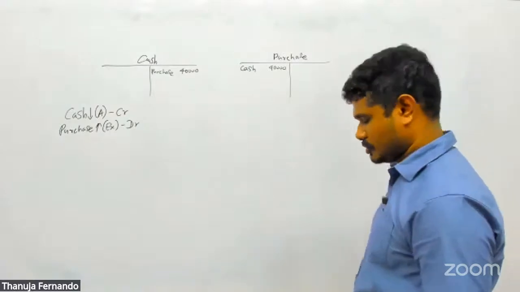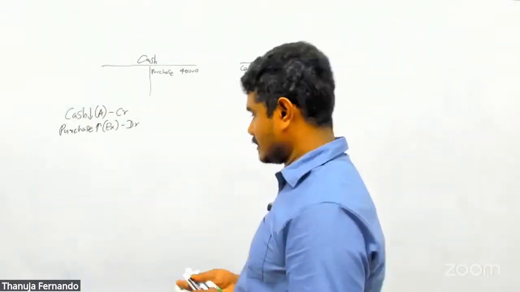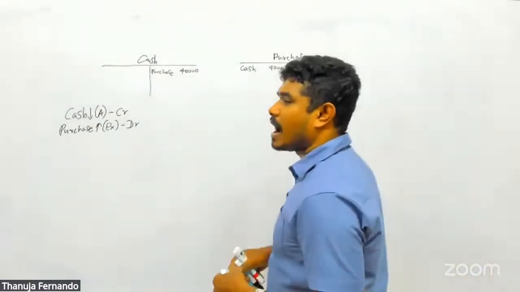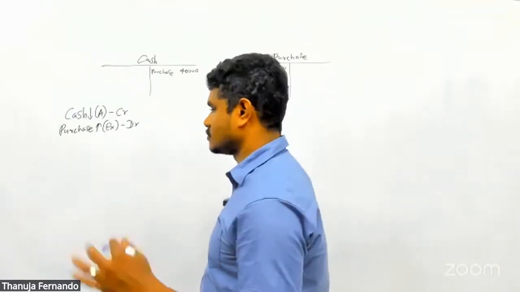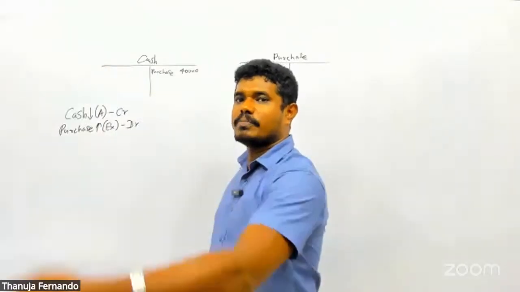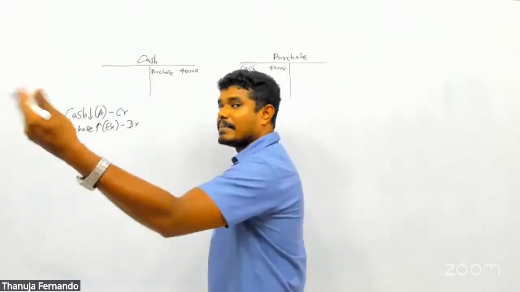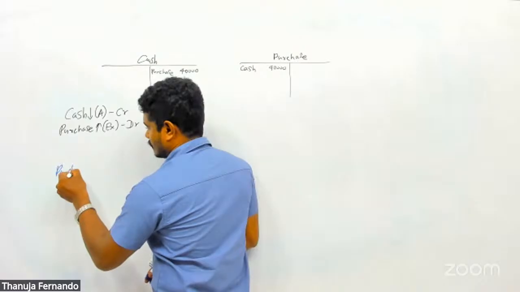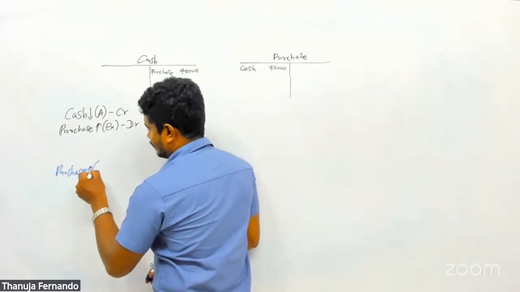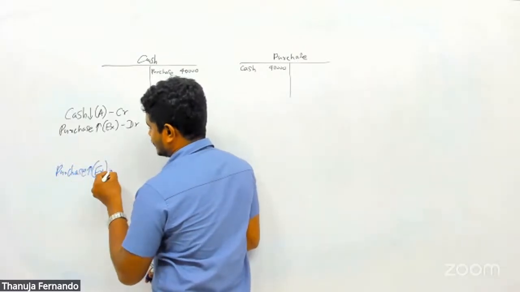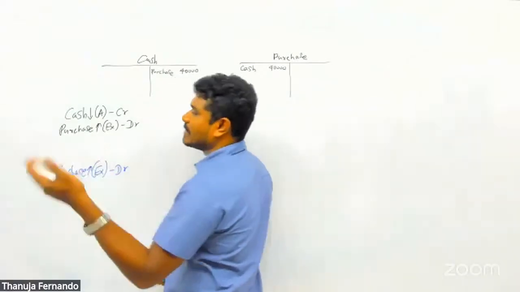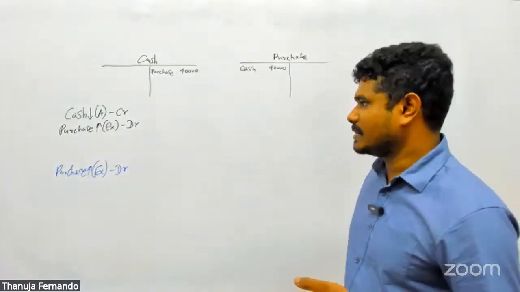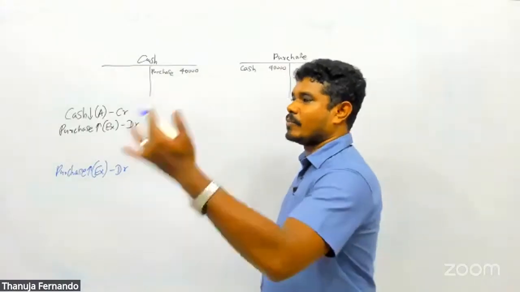This is a cash purchase. Then purchase from Arpico, 25,000. So when we purchase from Arpico, we are not paying, but we are purchasing. Then purchase increasing. It is an expense, that expense increasing, debit. On the other hand, what happens? We have obtained on credit.